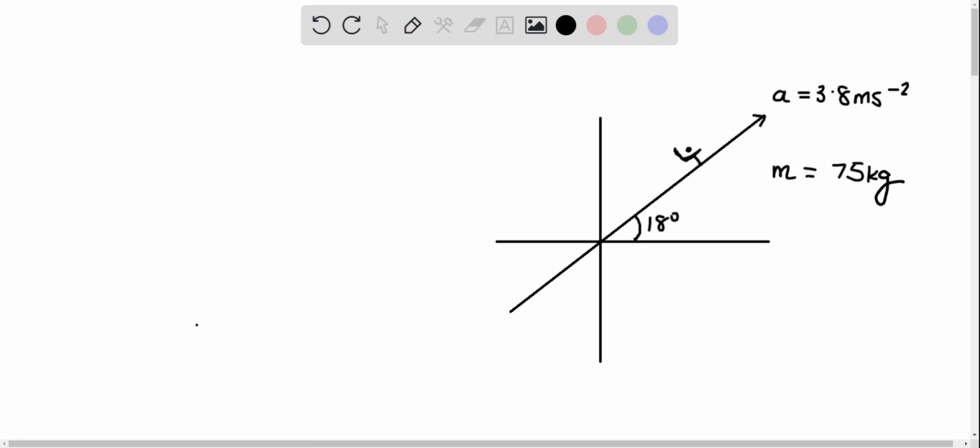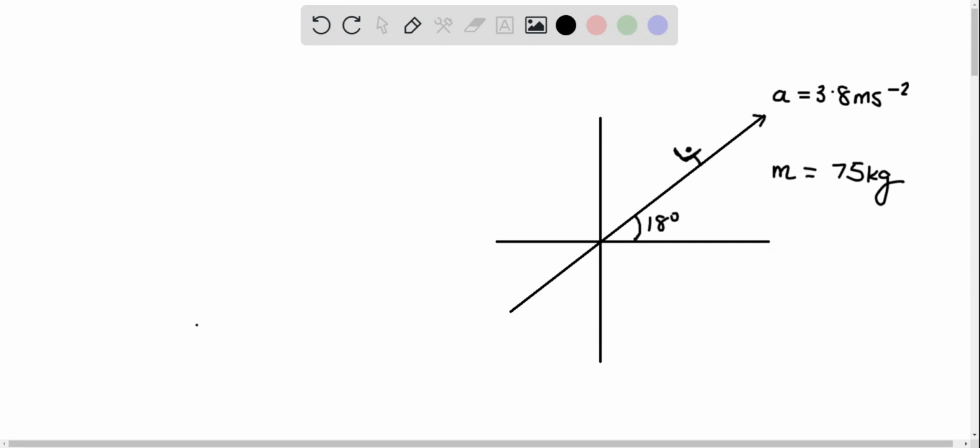So we can start by considering the accelerations involved. The airplane is accelerating at 3.8 meters per second squared.